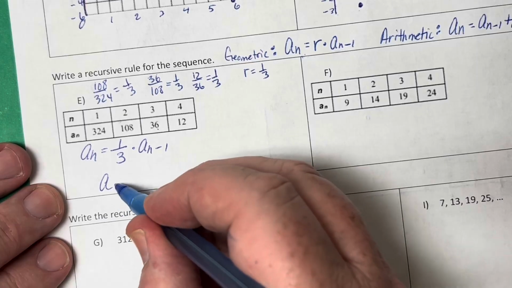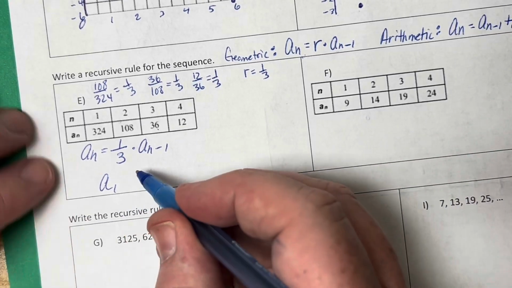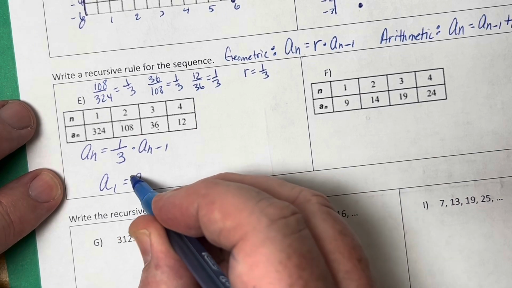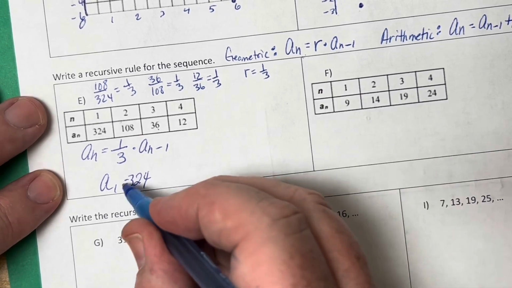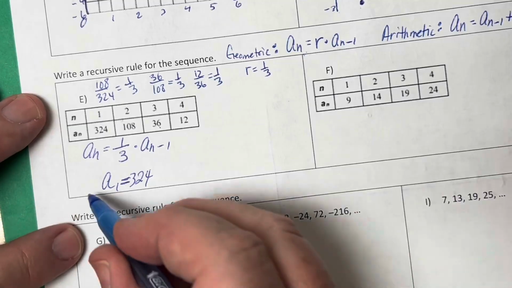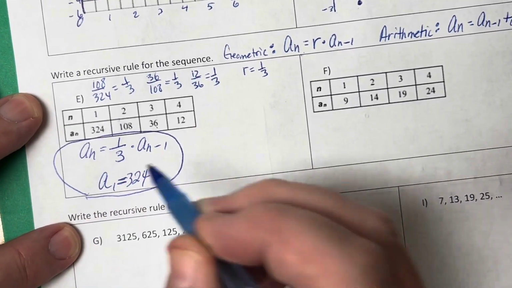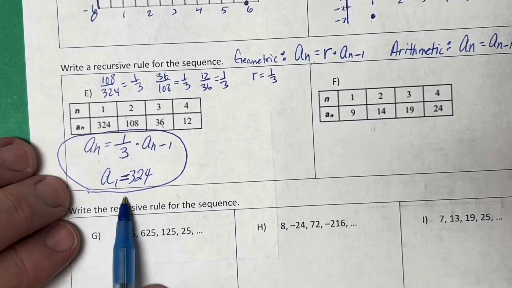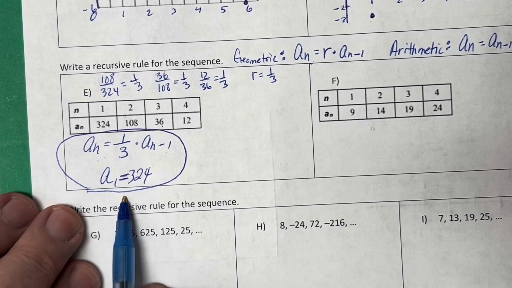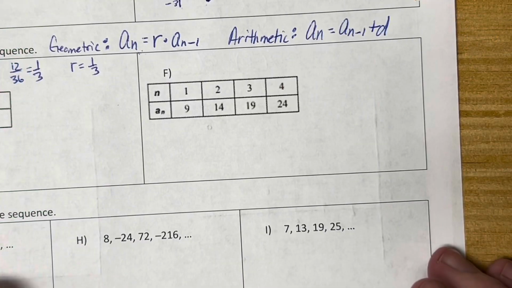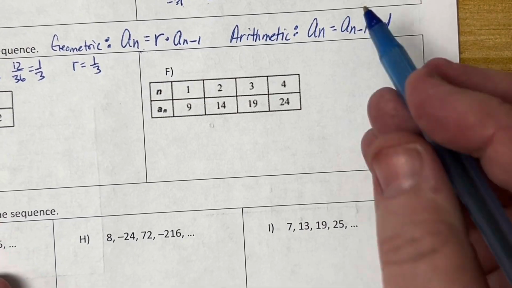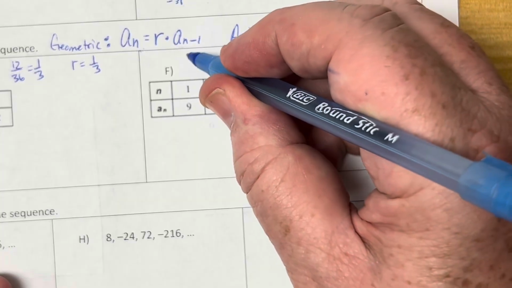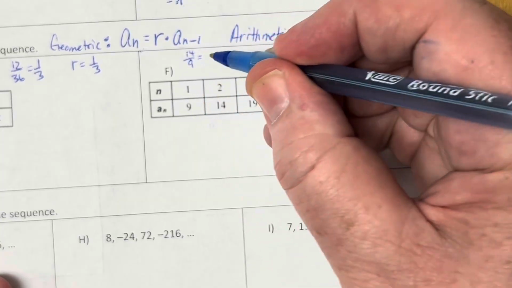And then the first term, it's always nice to show what the first term is: 324. Okay, so write the rule. Here's the rule starting at 324. All right, F, we have 14 over 9.